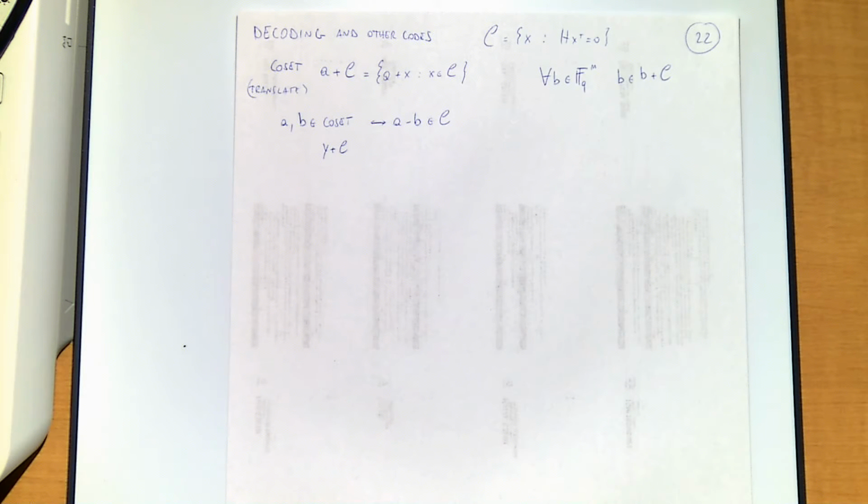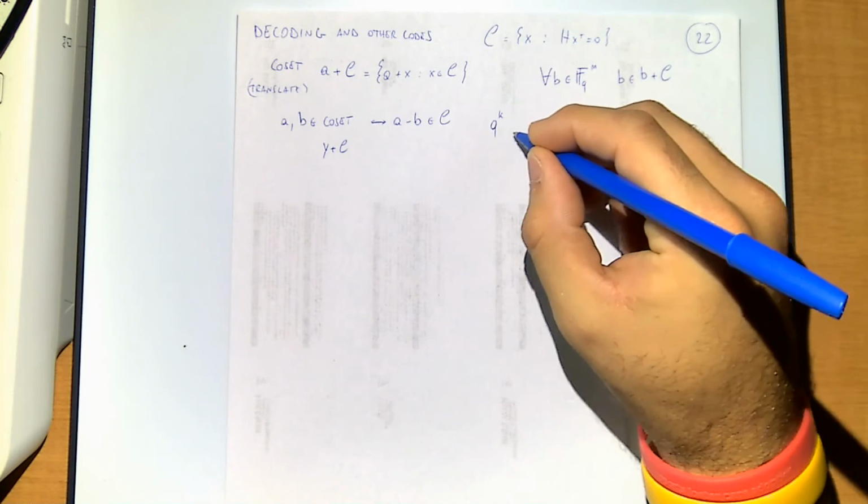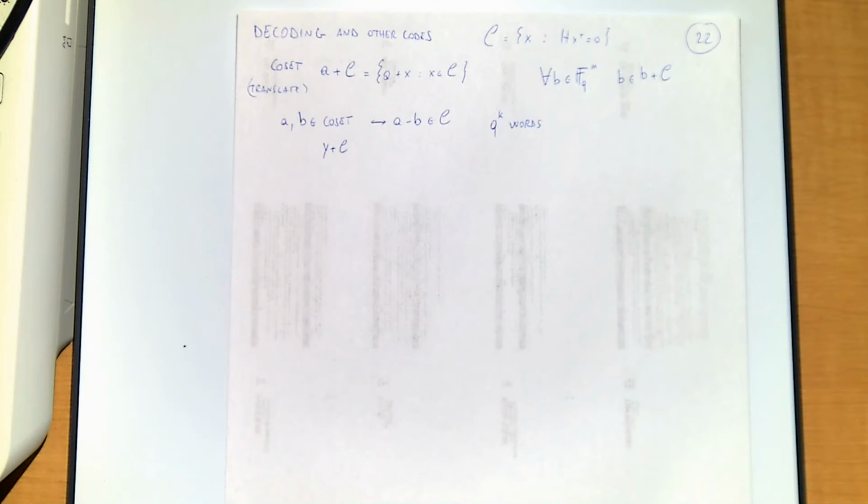Okay, so these are pretty important basic rules, and of course, in every coset, I have exactly q to the k words, because it's the q to the k words of the code all shifted by A.